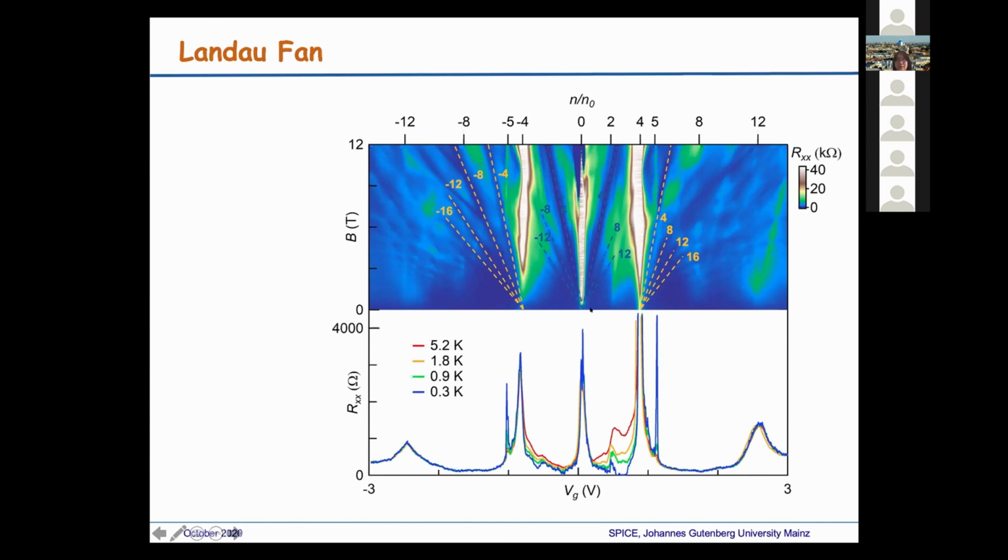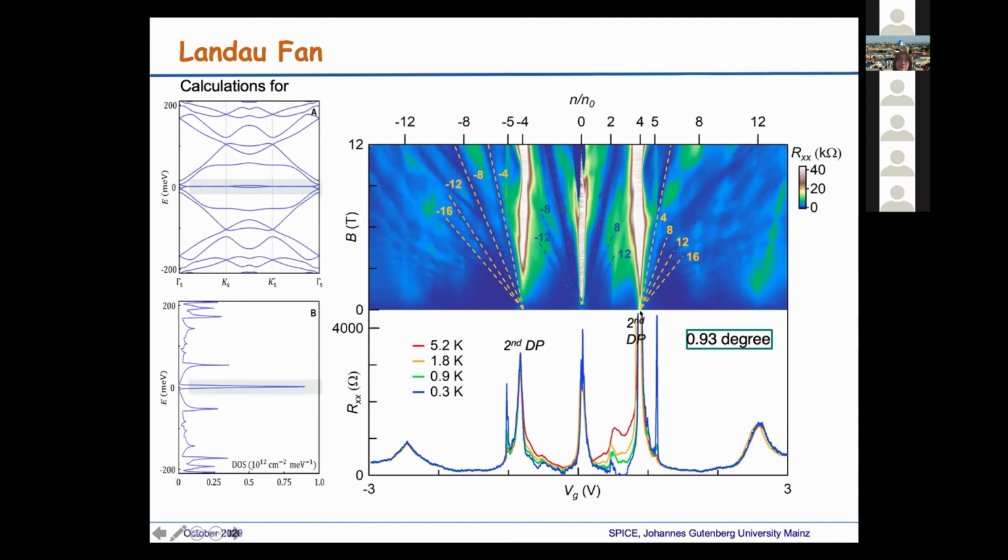From the distance of the secondary peaks, we can calculate that this device has a twist angle of 0.93 degrees, which is relatively small, at least based on Pablo's original data, where the smallest angle at which they observe superconductivity and a correlated insulating state is 1 degree.